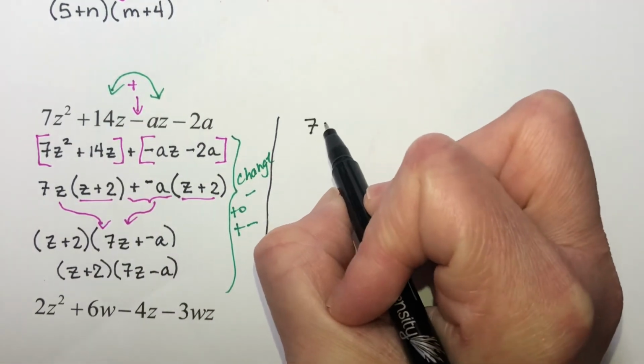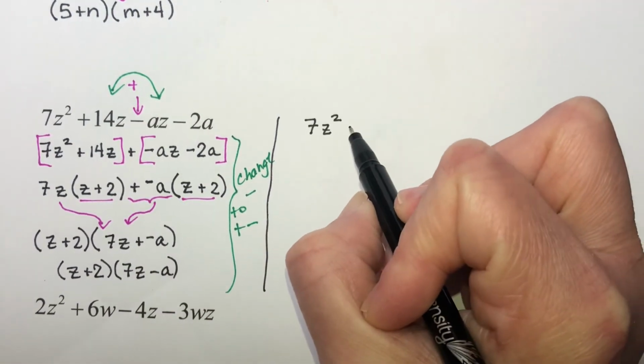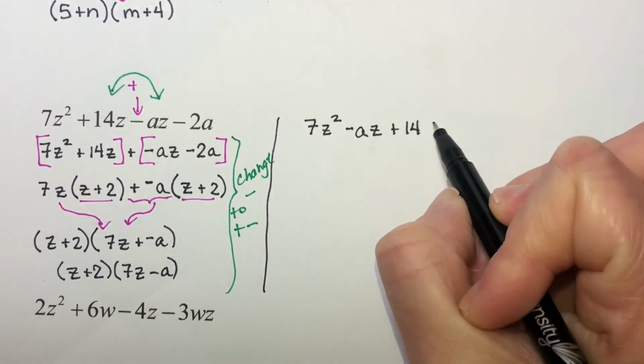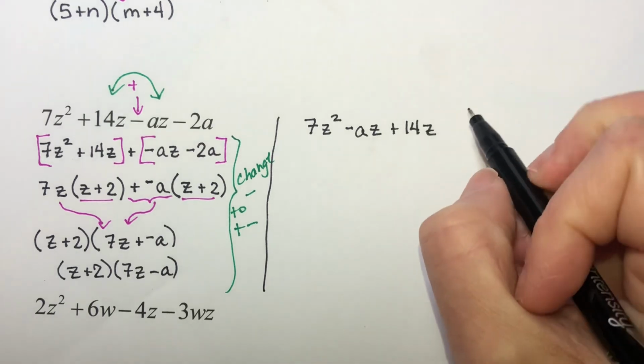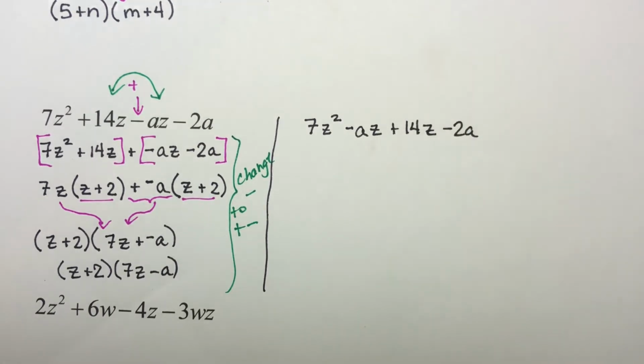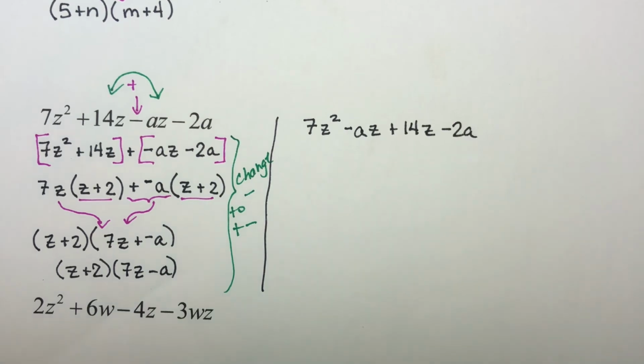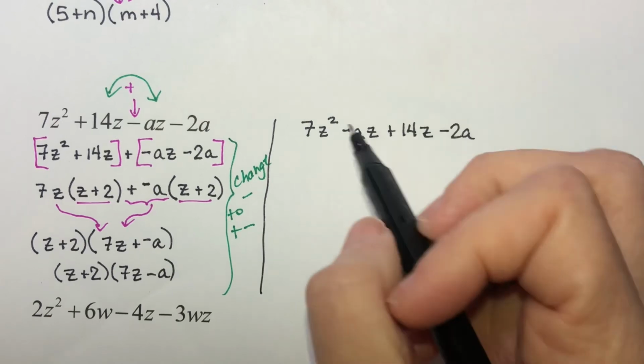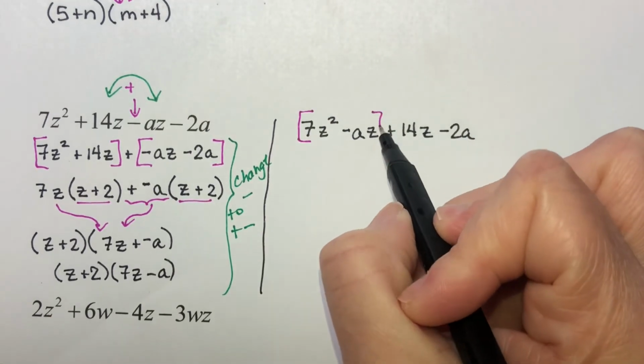So 7z squared minus az plus 14z minus 2a. Remember, every time you recopy, make sure you didn't make a stupid mistake. And I think I'm good. So I have the plus sign, which is good. Group.